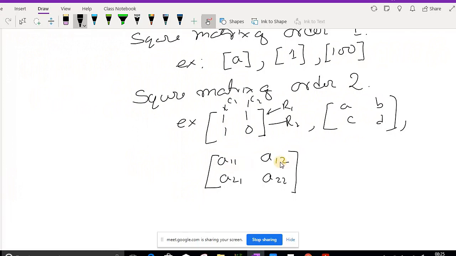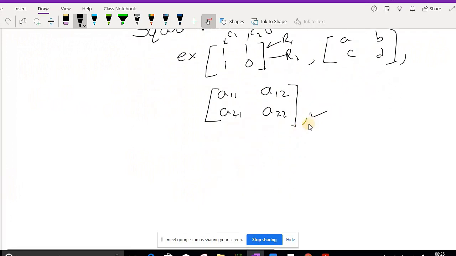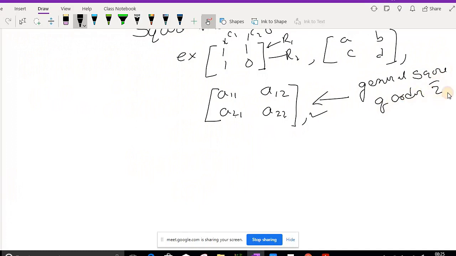A12 is the first row, second column. A21 is the second row, first column, and A22 is the second row, second column. So we will be using this as the general 2 by 2 matrix, or general square matrix of order 2.